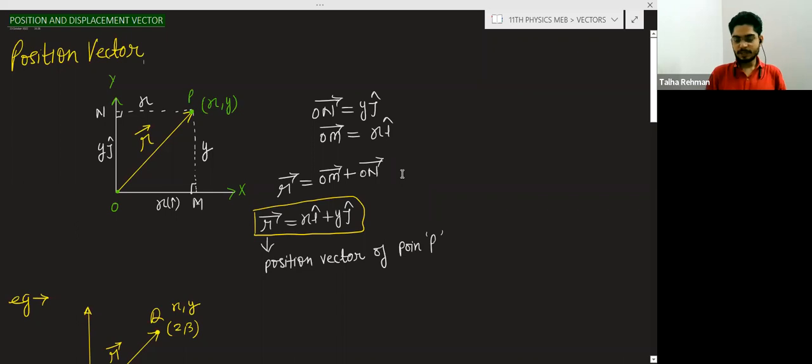When I take the question, then you will understand clearly how we will calculate the position vector and the displacement vector, and from the position vectors how we will calculate the displacement vector. If someone's position is changing, it means there will be some displacement.